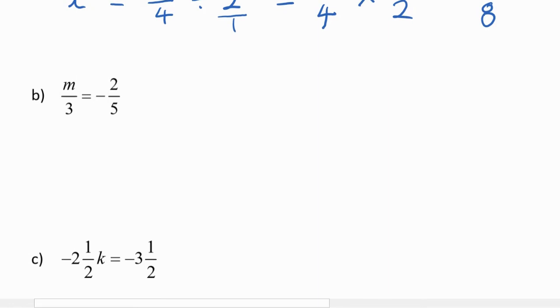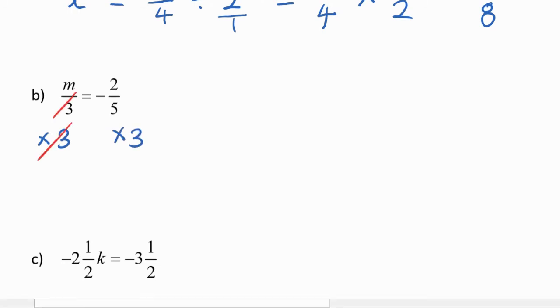Next, I have a division bar here. When you have a division bar, that is same as division. So I have m dividing 3. So how would you cancel this division? So you would multiply both sides by 3.